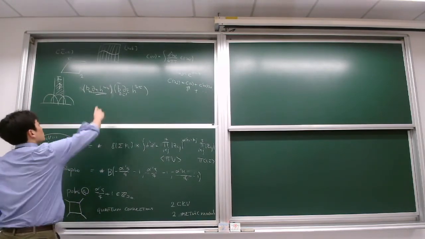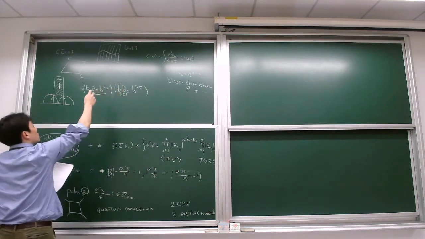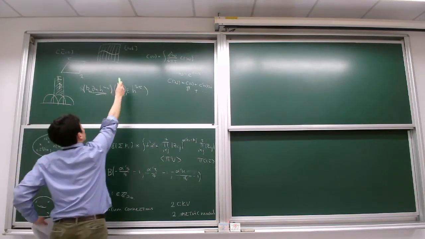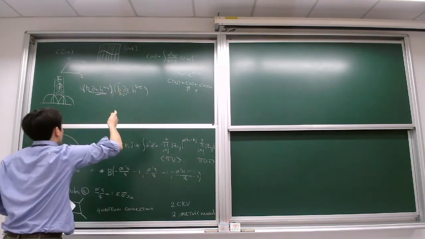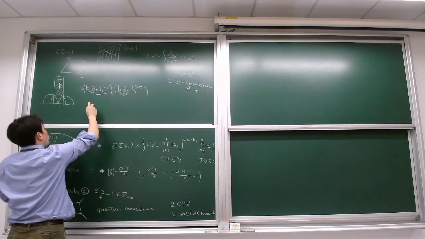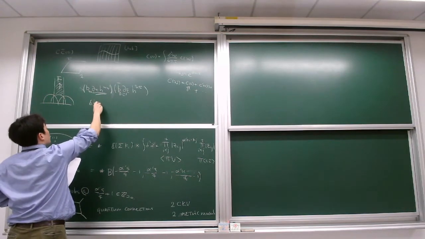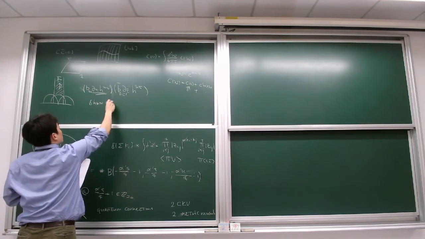To obtain this expression, first let's consider we just perturb this flat metric a little bit. So we just perturb delta h_WW = epsilon delta.